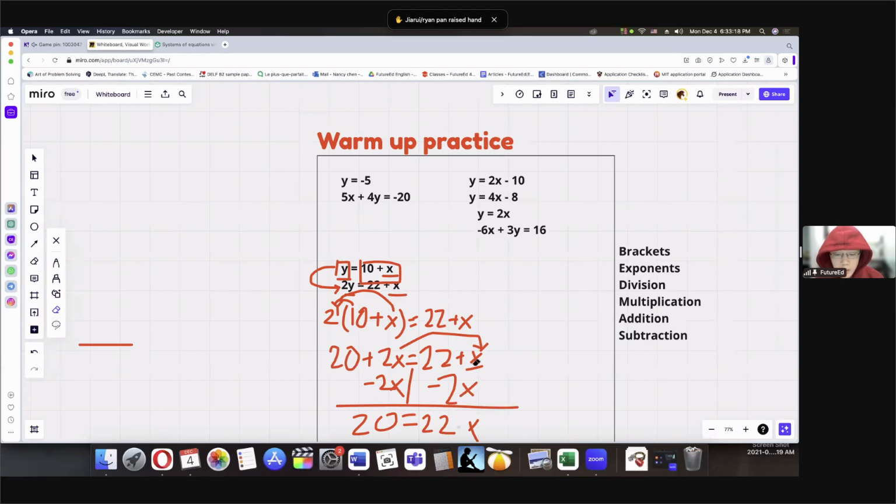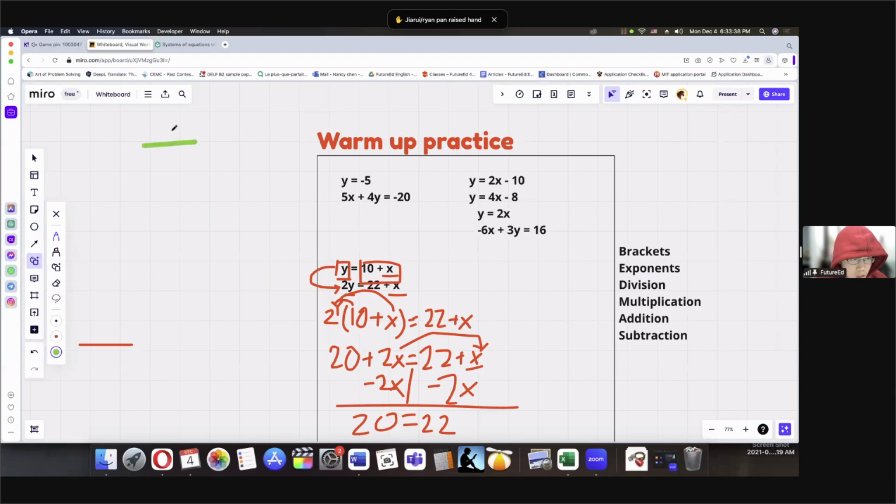So we have 22 plus x minus 2x. The 22 is the same, right? What is x minus 2x, Garrus? So over here, I think we can use our tokens again.